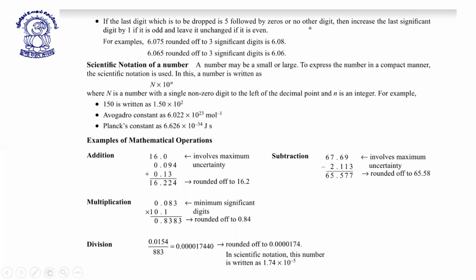If the digit which is to be dropped is 5, followed by zeros or no other digit, then increase the last significant digit by 1 if it is odd, and leave it unchanged if it is even. For example, if you want to round 6.075 to 3 significant digits, since 5 is the last digit, the digit before that 5, that is 7, is an odd number.